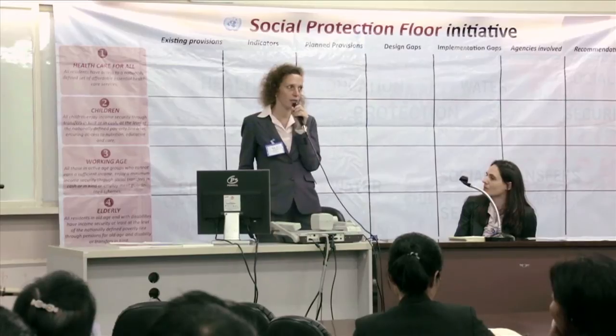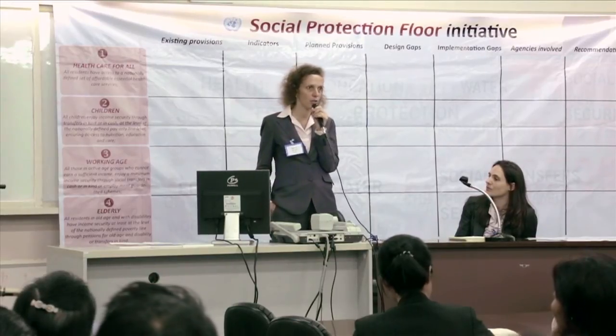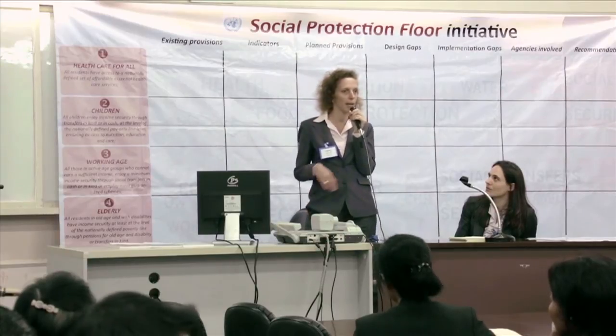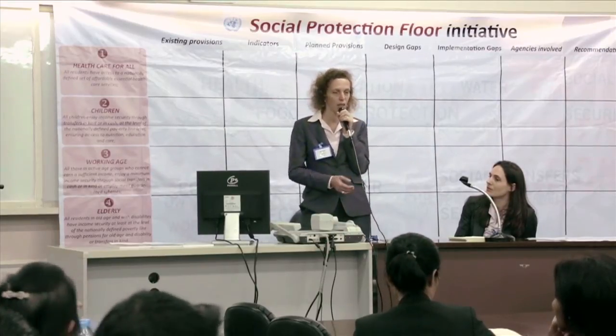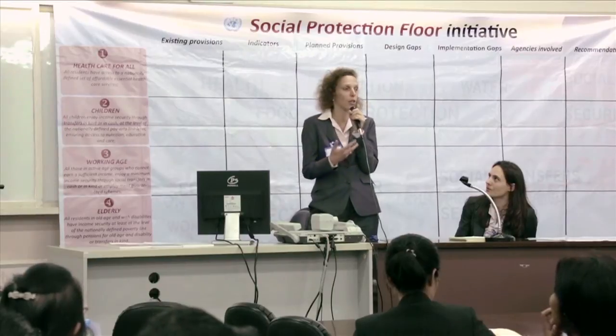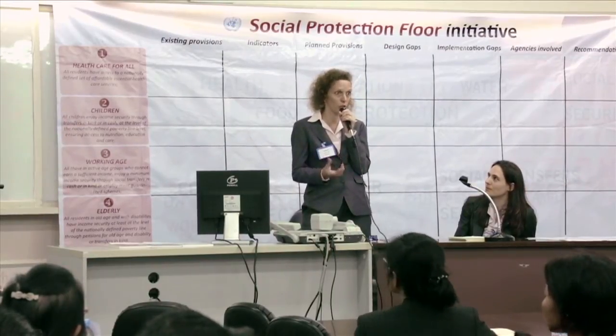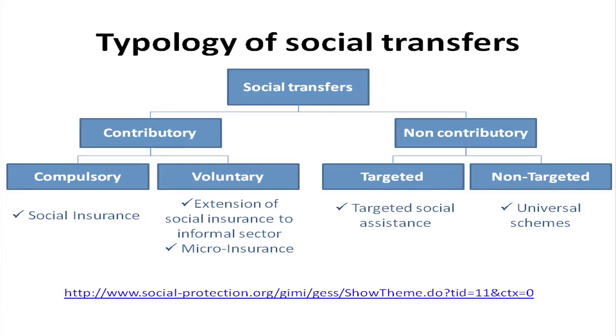This is the case, for instance, when social security institutions, such as in Thailand with the Social Security Organization, try to expand coverage to the informal sector. Usually they establish social insurance funds, but the membership is voluntary. And under the non-contributory schemes, you may have targeted or non-targeted schemes.